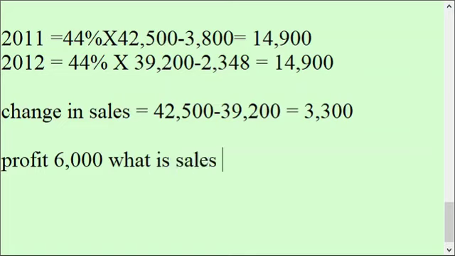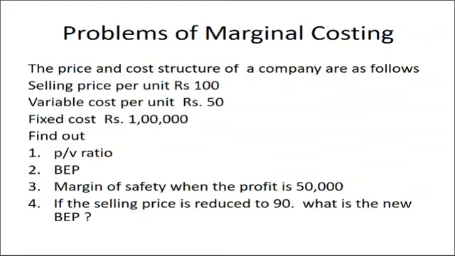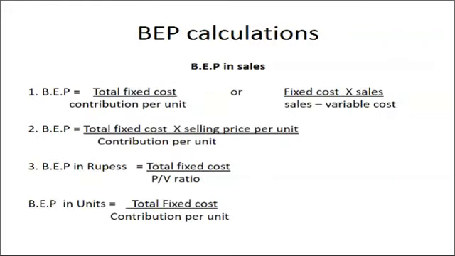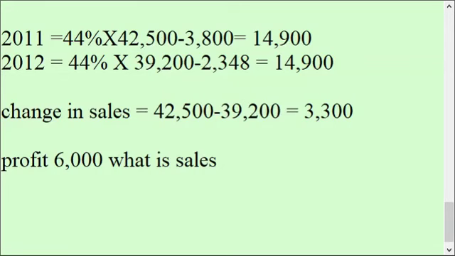So to find out the sales, what is the formula available? We need to check it out. Sales is equal to contribution divided by PV ratio. Contribution is fixed cost plus profit. Fixed cost we know, profit we know, PV ratio we know.